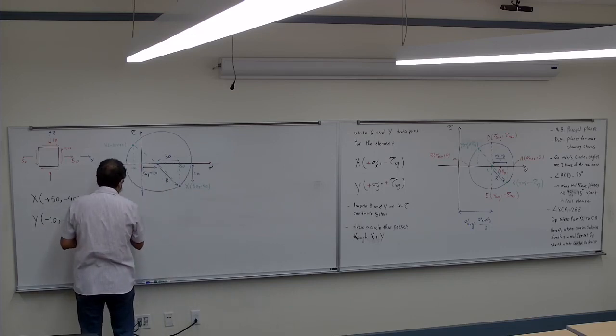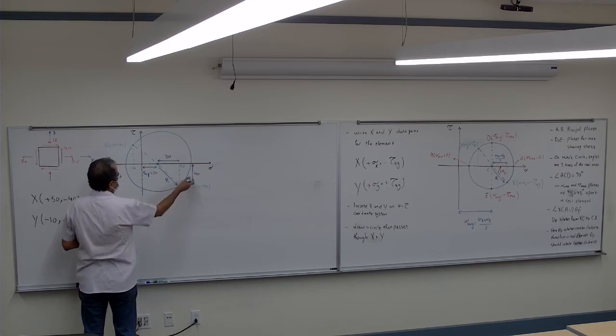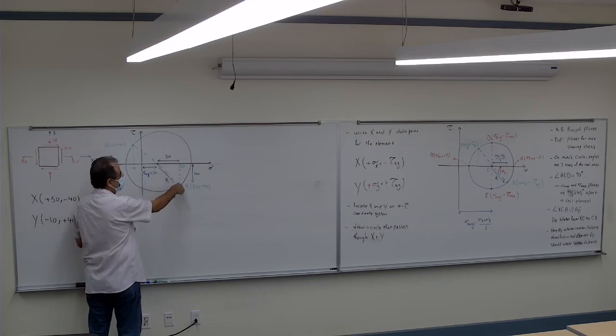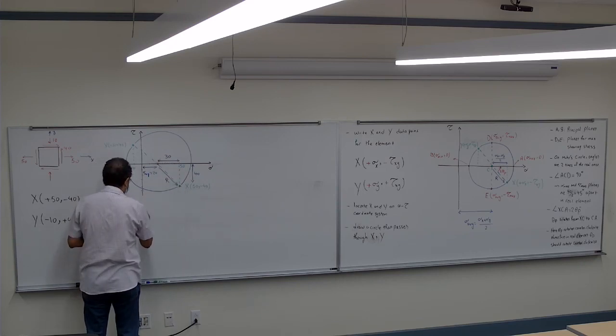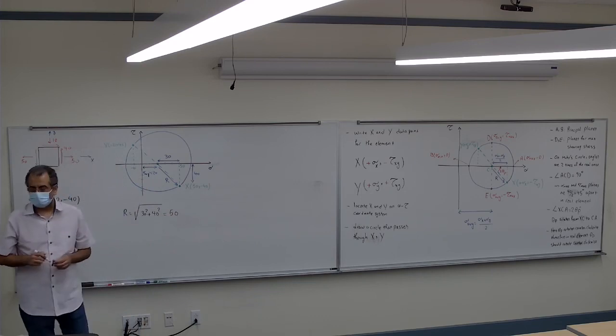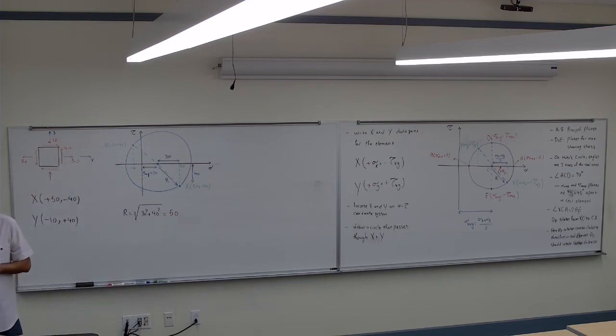R is equal to the square root of 30 squared plus 40 squared in that triangle, which would be 50. So that's the R.